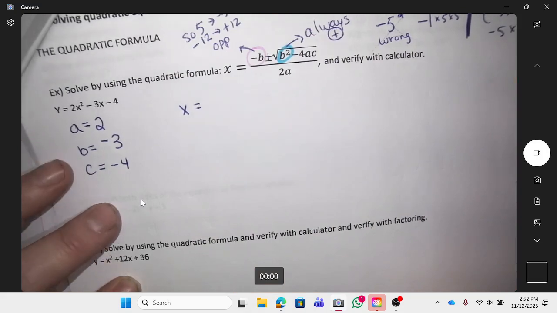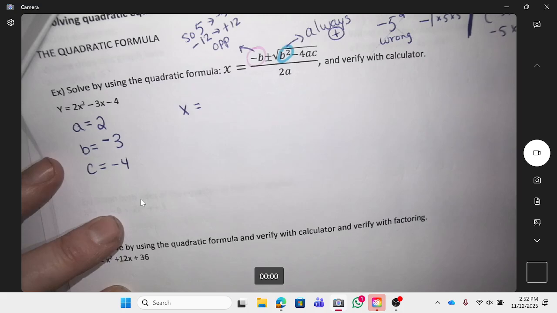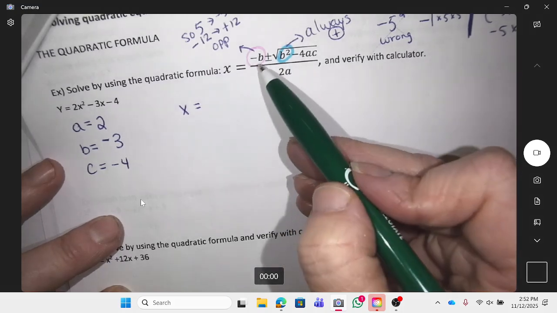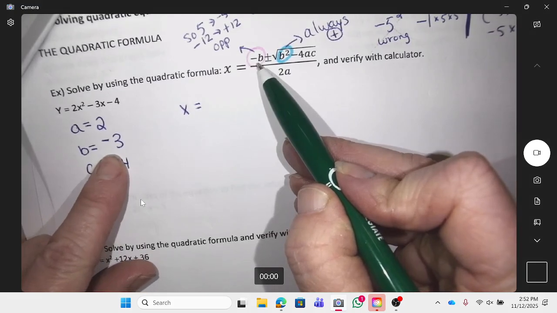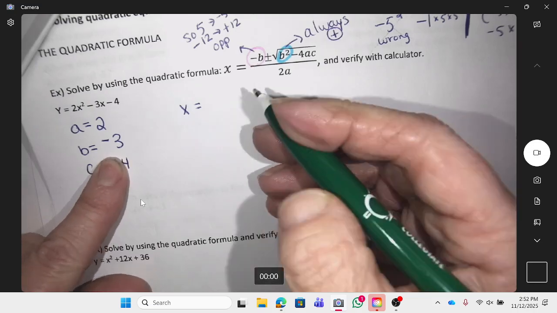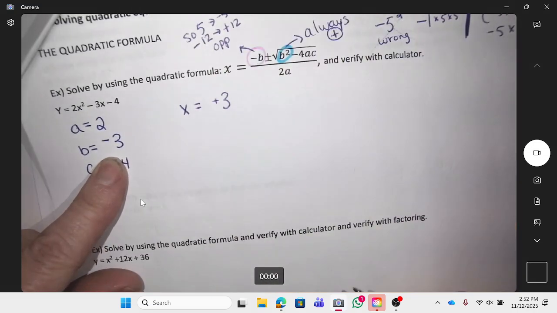We will, but we're going to write it out here. Okay, so now I'm going to replace. What's the opposite of my b number? Opposite of it. +3. Okay, you don't have to write positive. I'm just putting it in there for you to see that.